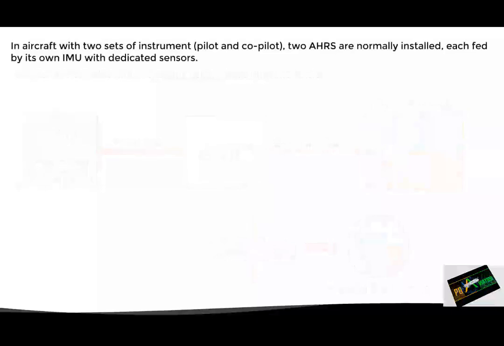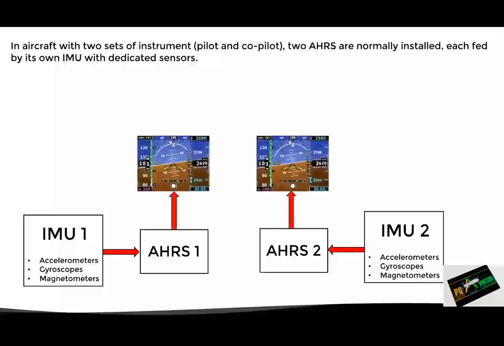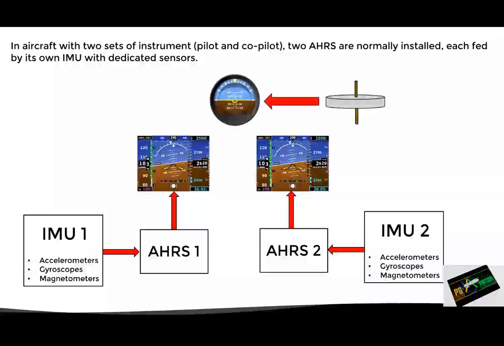Now, in aircraft with 2 sets of instruments, 2 AHRS are normally installed, each fed by its own IMU with dedicated sensors. This means that there are 2 AHRS, one for the captain's instruments and another for the first officer's instruments. And apart from this, there are also the standby instruments driven by mechanical gyros.